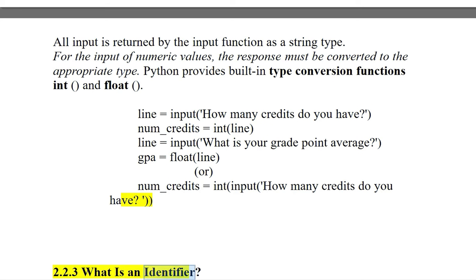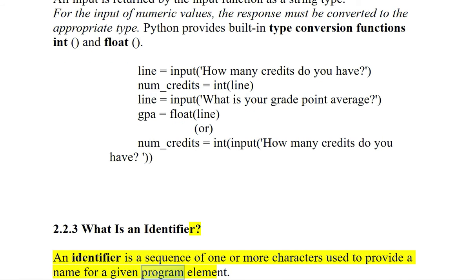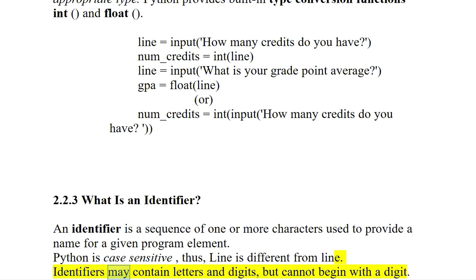2.2.3 What is an identifier? An identifier is a sequence of one or more characters used to provide a name for a given program element. Python is case-sensitive, thus, Line is different from line. Identifiers may contain letters and digits, but cannot begin with a digit.